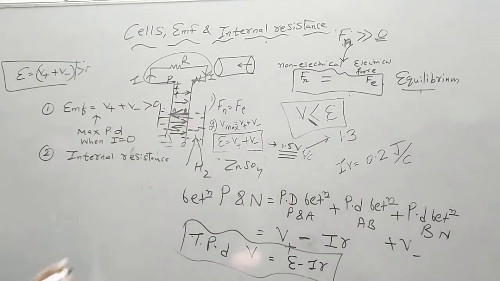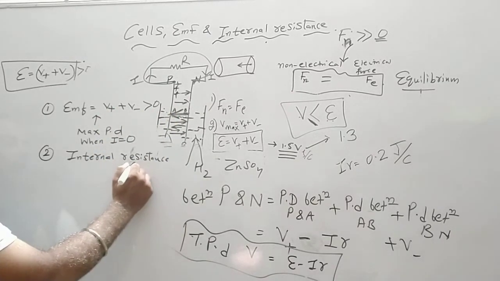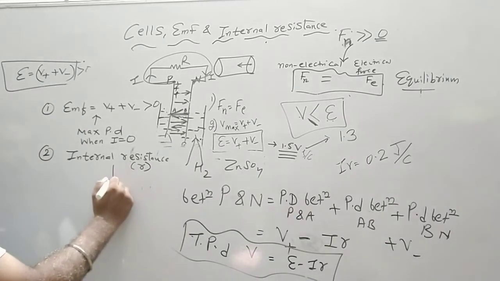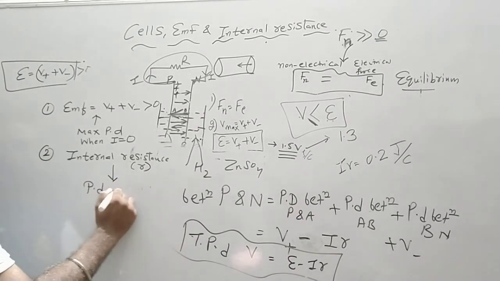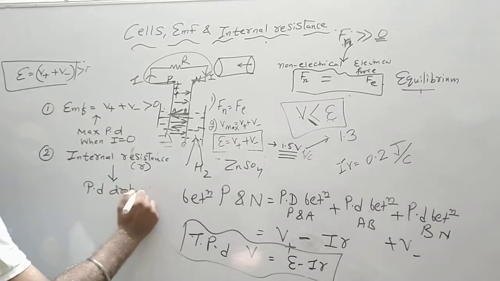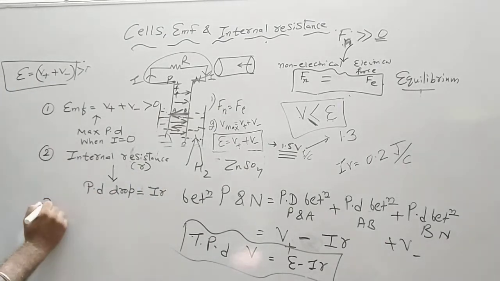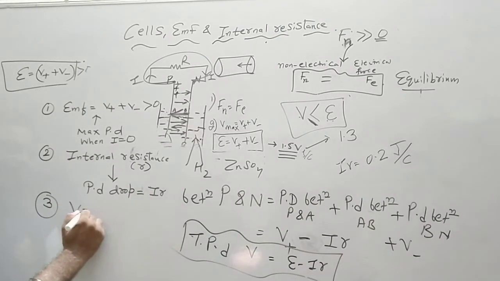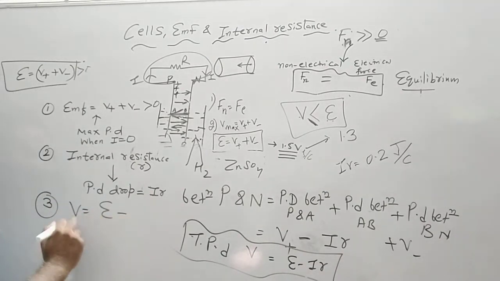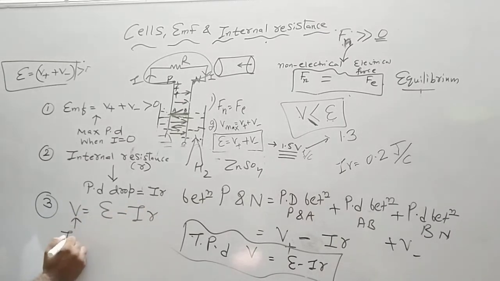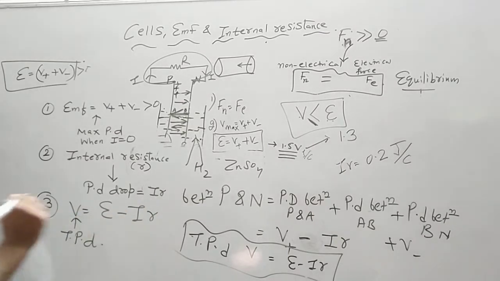So this opposition offered to the motion of the ions gives rise to internal resistance, and therefore the potential drop across the internal resistance is Ir, that is Ohm's law, and finally we get V is equal to E minus Ir. This is called terminal potential difference.